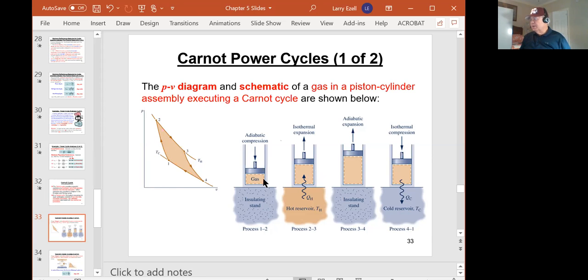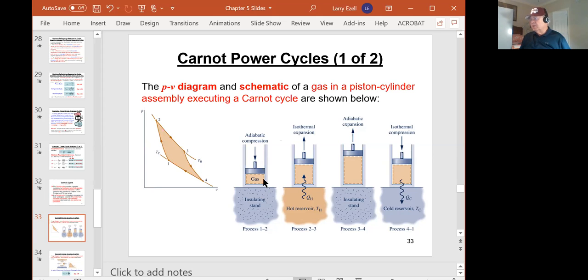Now, an isothermal expansion would be, let's say the gas ignites or whatever, and starts expanding. Isothermal, that remains at the high temperature. That means T equals constant from 2 to 3, right along here. That's an isothermal line right there at TH. Then we go to an adiabatic expansion, from 3 to 4.